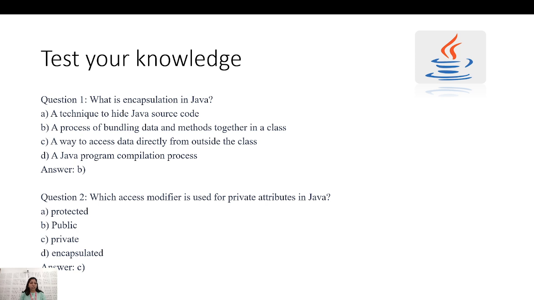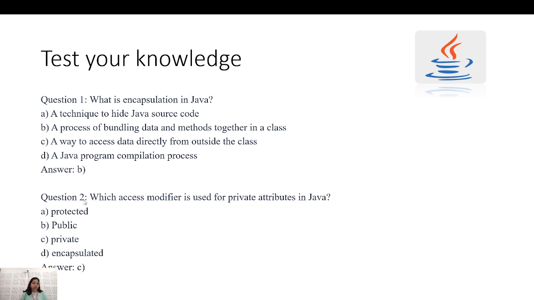So now test your knowledge of whatever we have covered in the session. What is encapsulation in Java? A technique to hide the Java source code, a process of binding the data and methods together in a class, or a way to access the Java data directly from outside the class. What will be the answer? Yes, encapsulation is binding the data and the methods together in a single unit, that is a class.